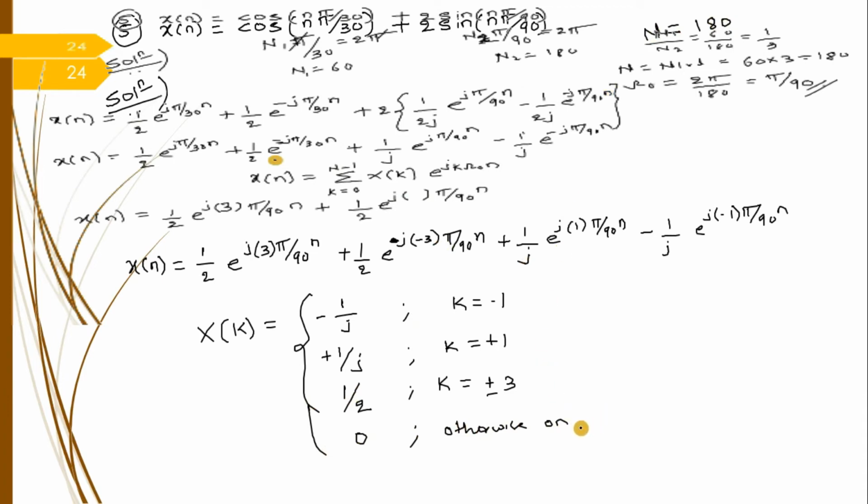Period was 180. So I should have started with minus 89. You should be very careful here. This is k value plus 90. So totally it will be 180 samples. So this is how you are supposed to write the answer.